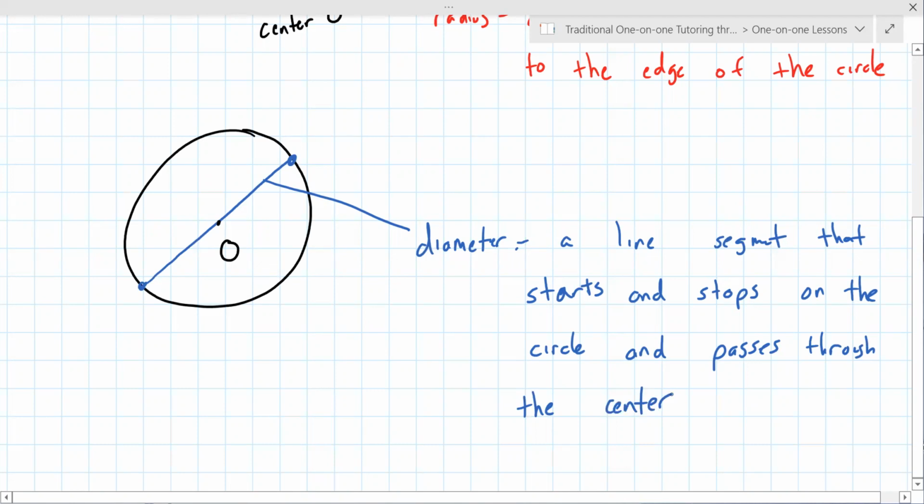Okay, so the definition of a diameter: it's a line segment. It starts on the circle. Doesn't matter where it starts, you pick a point, but it has to go through the center and then passes through to the other side of the circle, and that stops there.